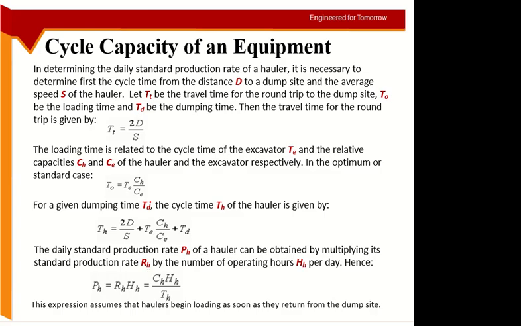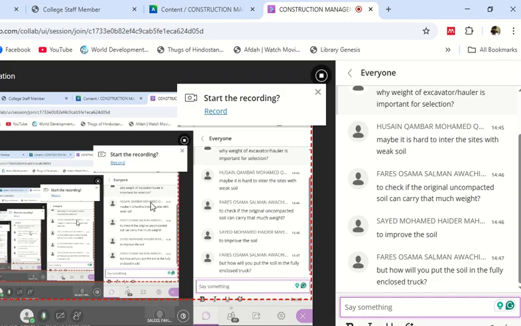So it is basically, let me write it here, TE upon CE. This will give you the time per unit material excavation multiplied by the capacity of the hauler. So time per unit material multiplied by the material you need to fill will give you the time which the hauler requires to load.